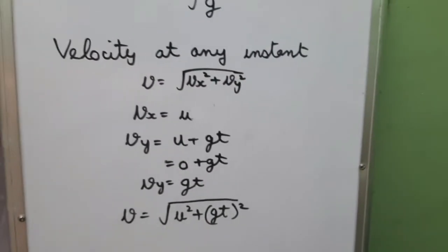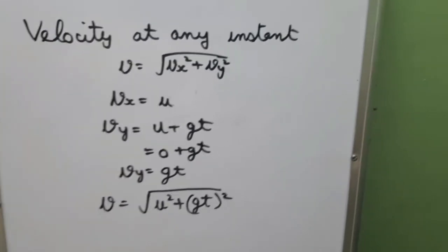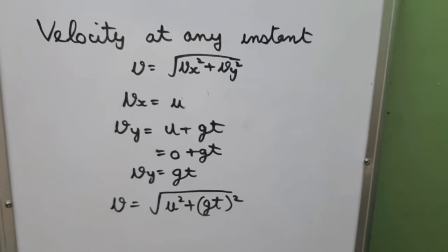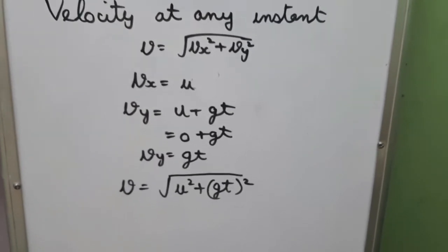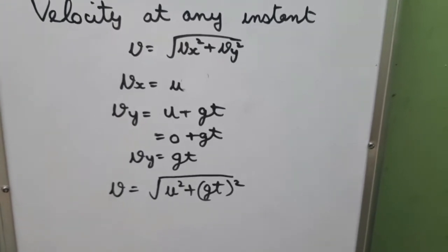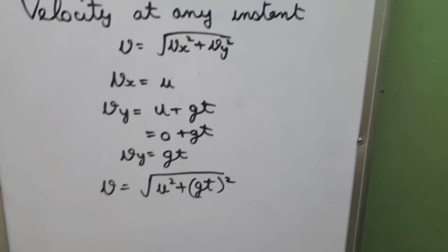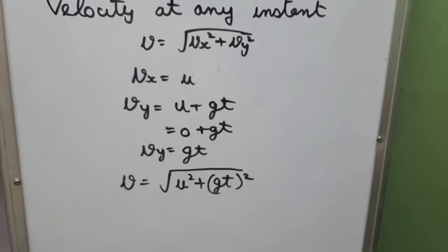Next we have velocity at any instant. Velocity at any instant means जो भी projectile है किसी भी instant of time पे जो उसकी instantaneous velocity है, that is represented by v, which is equal to under root of vx square plus vy square. vx is the horizontal velocity, vy is the vertical velocity.